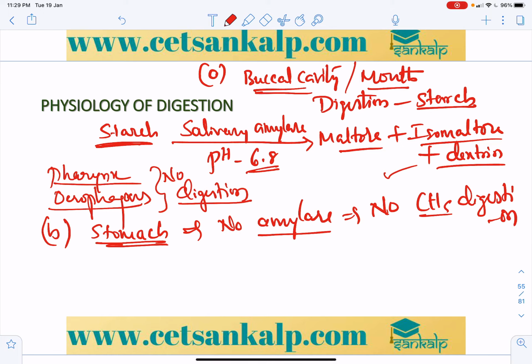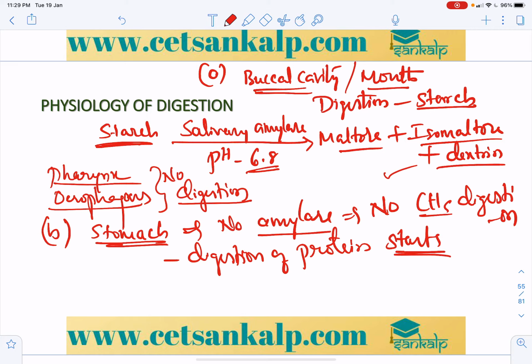But we know that parietal cells and peptic cells mainly play a role in the digestion of protein. Here the digestion of protein starts. So this is very important.